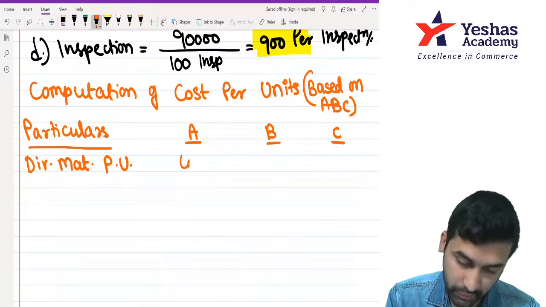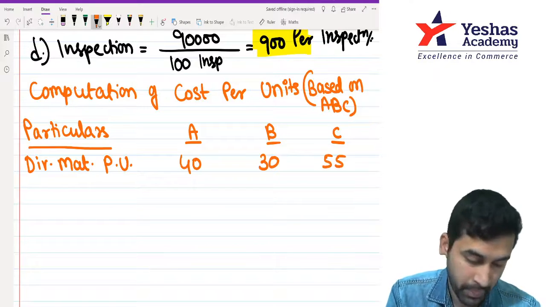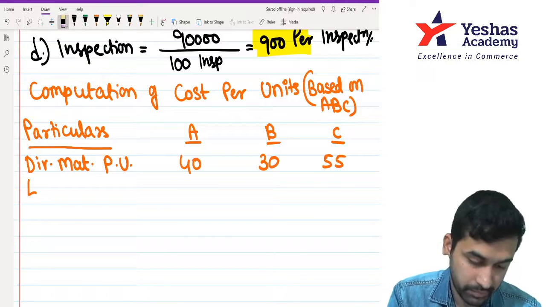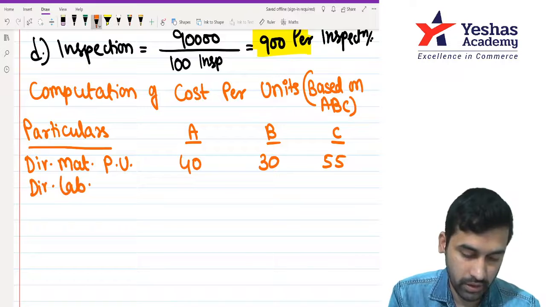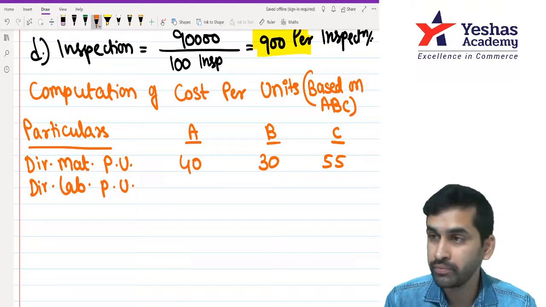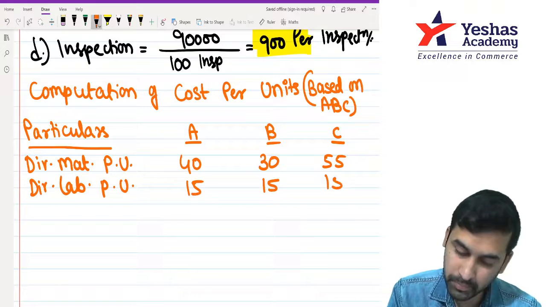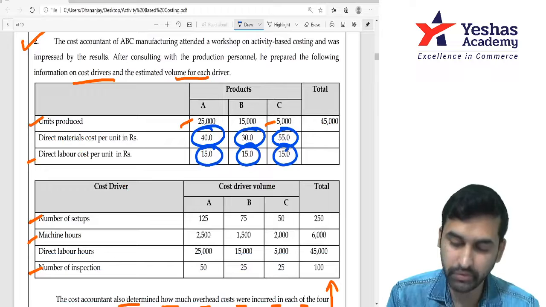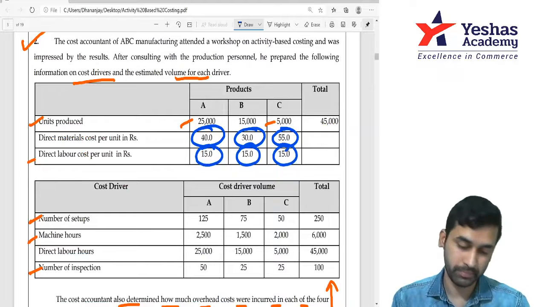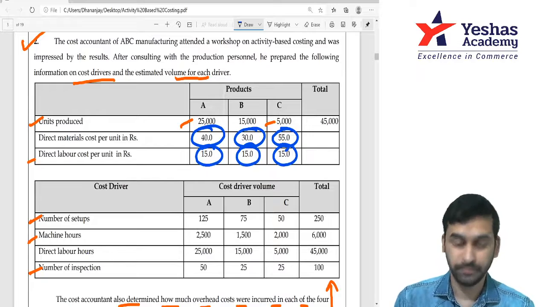So right here 40, 30 and 55. Second, direct labor per unit: 15, 15 and 15. Even this is available here itself, 15, 15 and 15. Done.